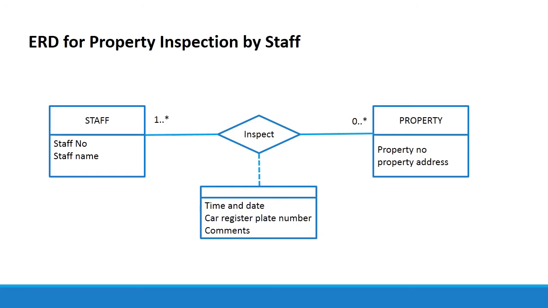The inspect activity itself has attributes like time and date, car registered plate number, and comments. This relationship is many-to-many, which means staff can inspect one, zero, or many properties, and one property can be inspected by at least one or more than one staff.